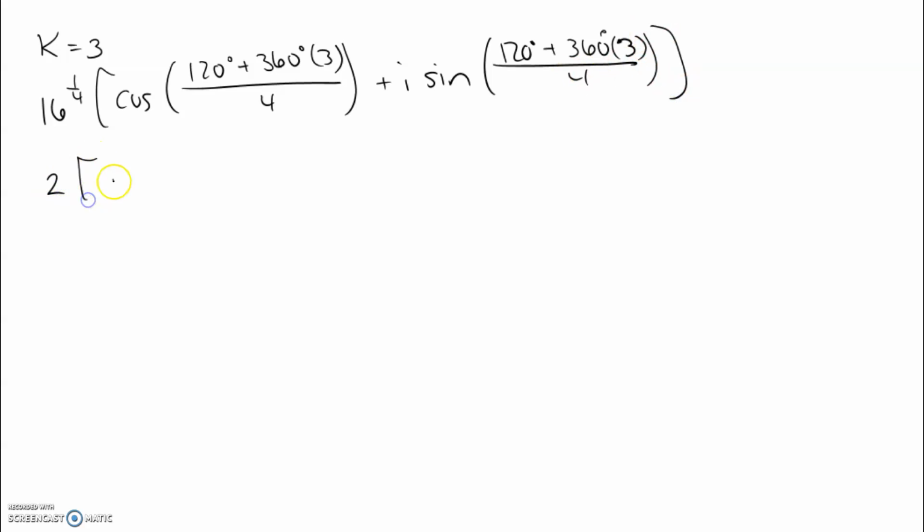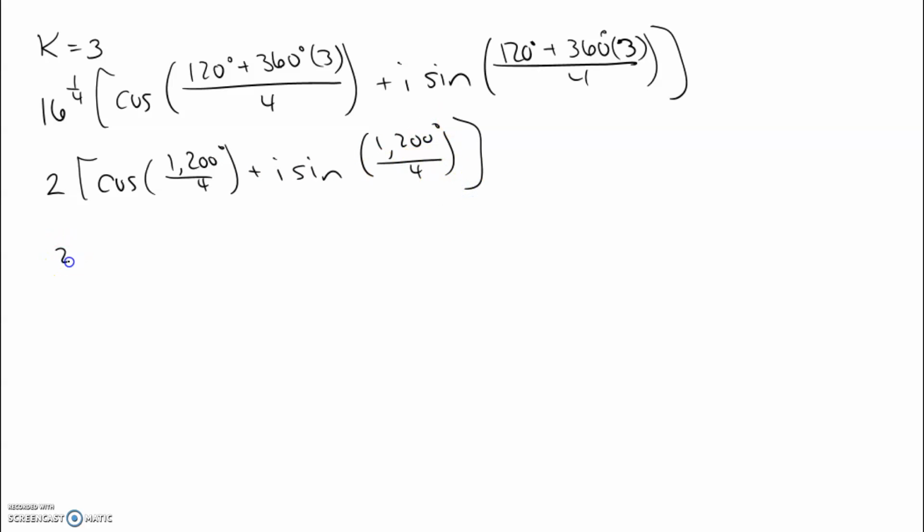So this is 2, and then cosine of 1,200 degrees all over 4 plus i sine of 1,200 degrees all over 4. So this is cosine of 300 plus i sine of 300.